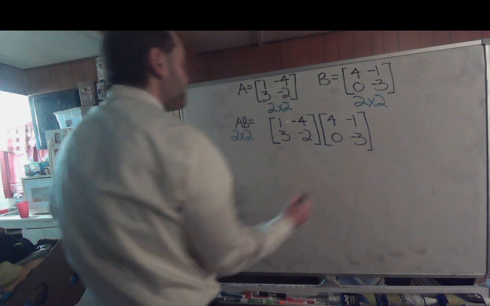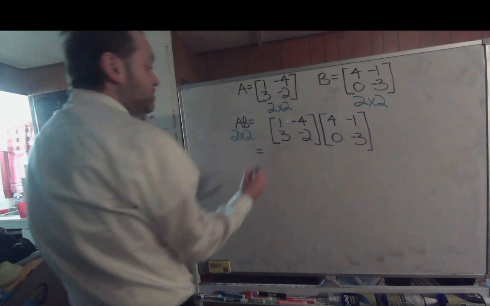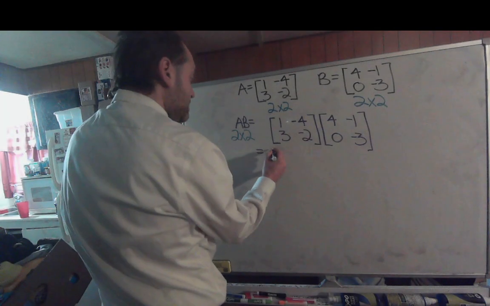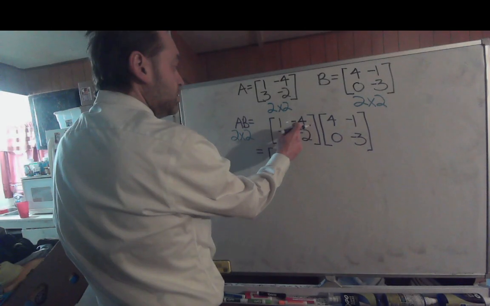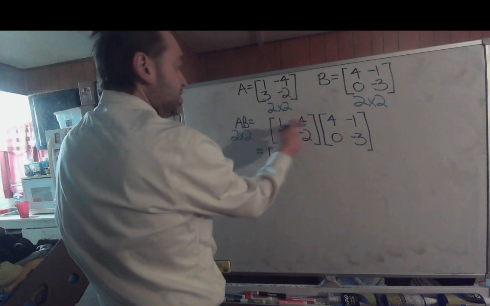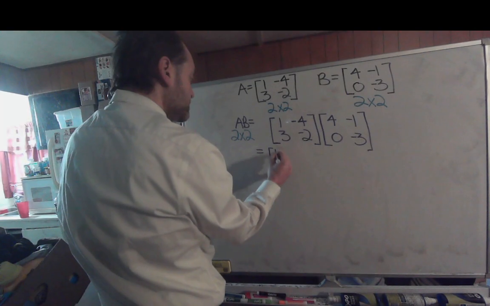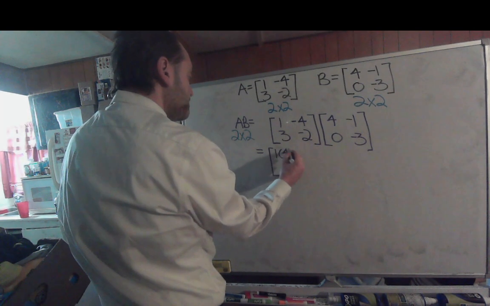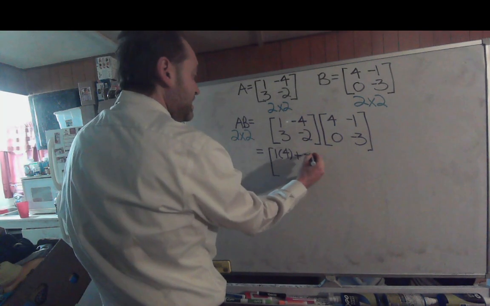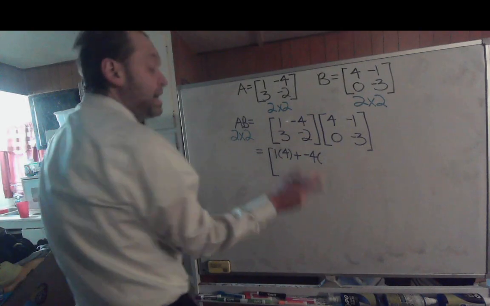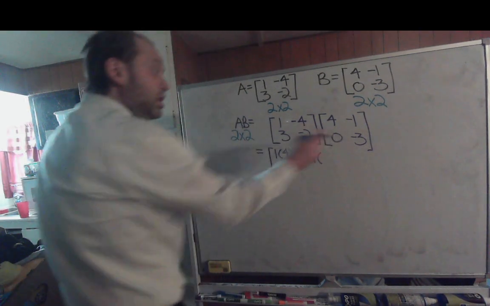All right? So when we do that, what you're going to do is take all the numbers in the first row. So I'll take that 1, multiply it by 4. So take 1 times 4, plus I'll take that second number in the first row of -4 times the second number in the first column.